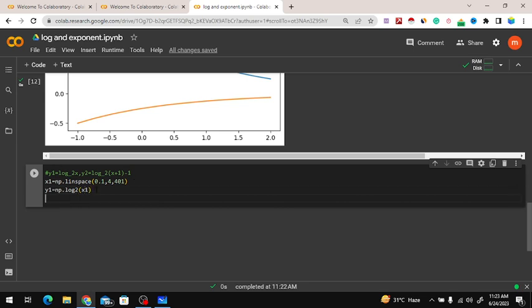And similarly, x2 should be equal to np dot linspace of minus 0.9 comma 4 comma 501.